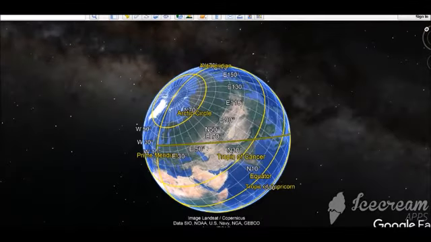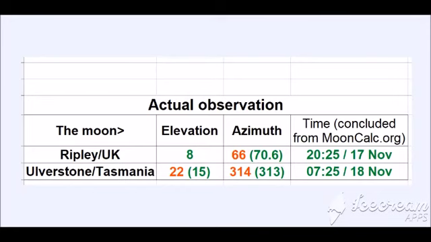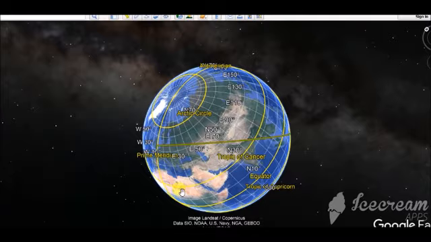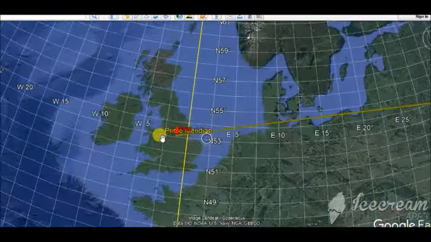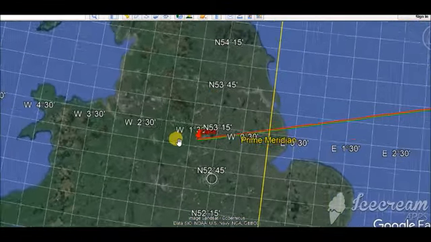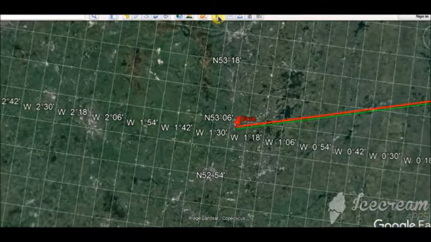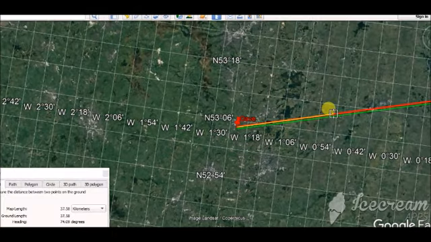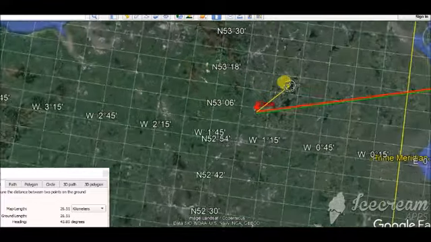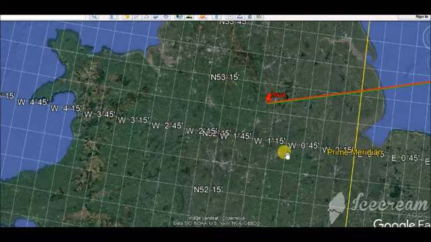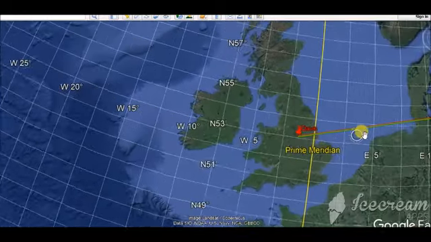So my hypothesis was that to get the great circle from Ripley, UK, I just draw that circle here and get that angle. So let's get that angle here. It's 74.5 from Ripley, UK, towards Tasmania, or Ulverstone. Okay, let's see from Ulverstone what the angle is.